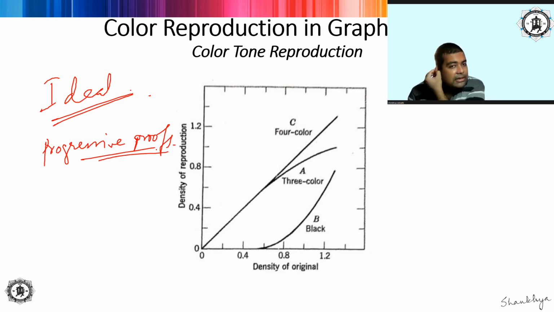A proof is basically a printed image which is used for analysis purposes, and which is later used for identifying the maximum possible image that is capable of being reproduced using the manufacturer's print production method.